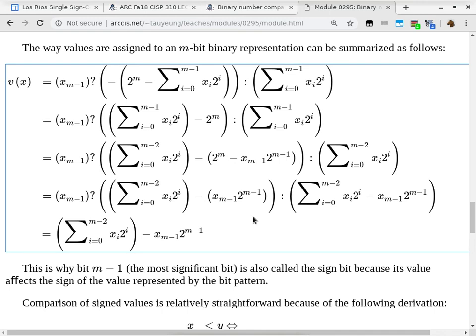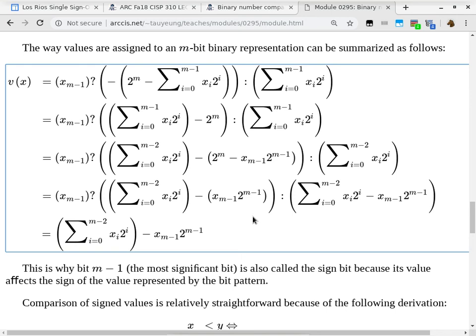So I can always add something like this because we know when we're evaluating the third part of a ternary expression, x subscript m minus 1 is already a 0. Of course, I can just subtract x subscript m minus 1 times something because that product is guaranteed a 0 anyway. Is that okay? But why would I do something like that?